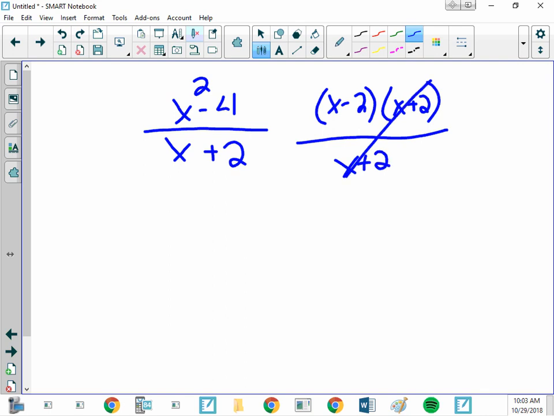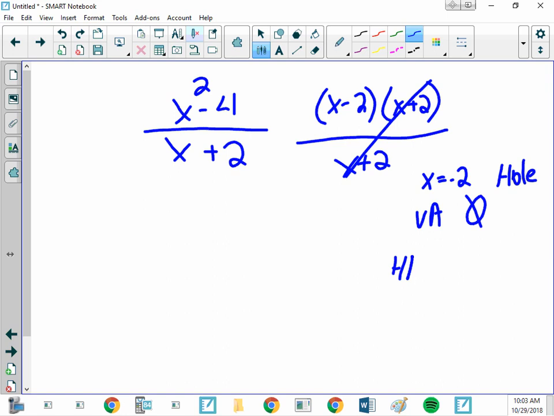Those cancel. So x equals -2 is a hole. And what about vertical asymptotes? Are there any factors in the denominator that do not cancel? No. So there are no VAs.